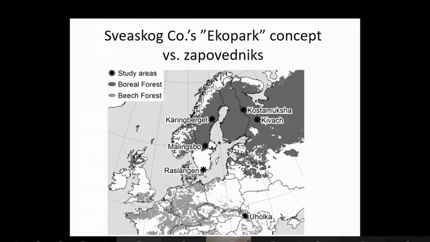And then we have this zapovednik system, which are not always large and intact, but they are remnants of naturally dynamic forests. And what we do is to compare the vegetation, using indicators of biodiversity at the landscape scale, in the surrounding landscape, and also within stands. So we have made extensive field work in all these 6 areas.